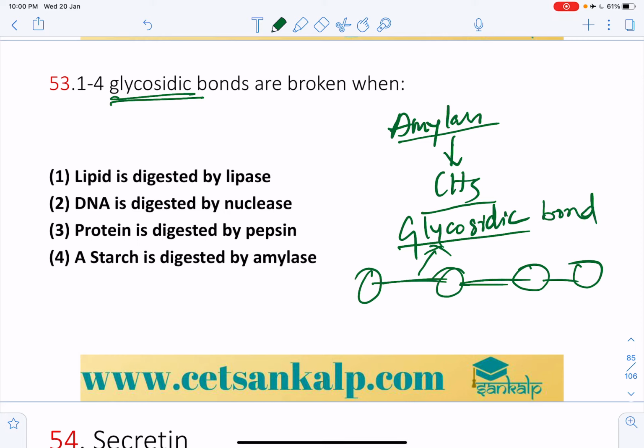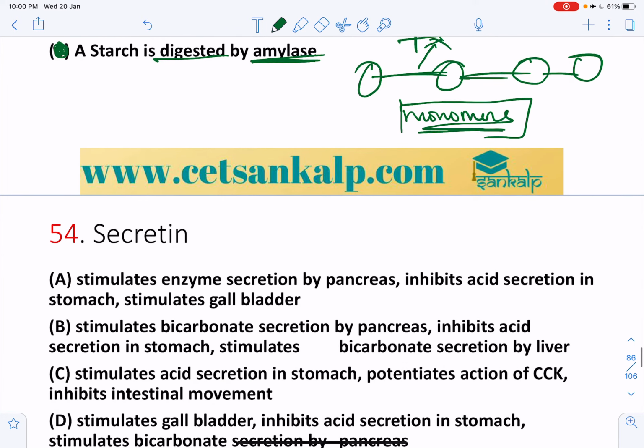When starch is digested by amylase, this glycosidic bond is broken down and produces monomers, as we discussed in the previous slide: glucose, fructose, glucose, galactose, glucose, like that.